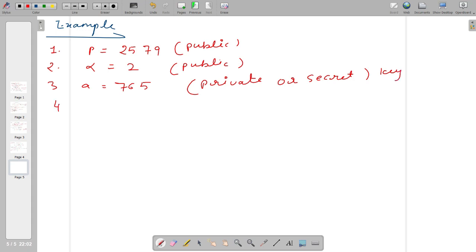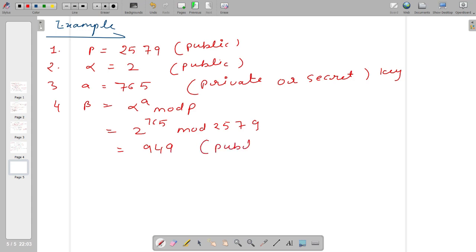And then we calculate beta, which is alpha to the power a mod p. So alpha to the power a mod p is 2 to the power 765 mod 2579. When you calculate with modular arithmetic, it comes out to be 949, and it is also public.